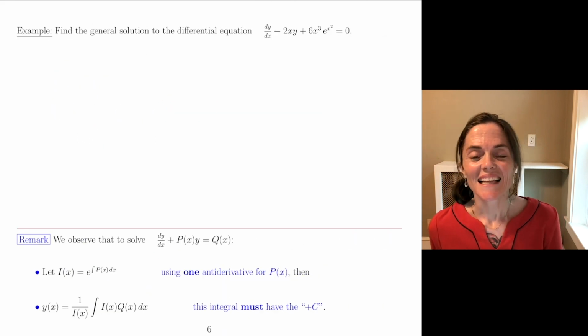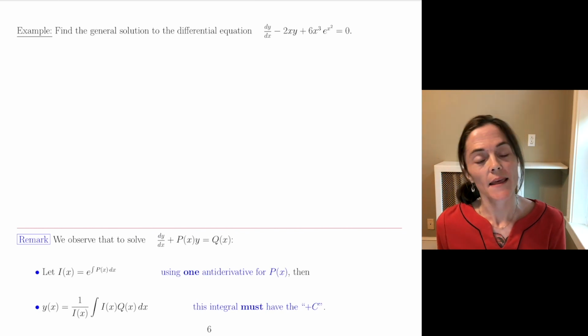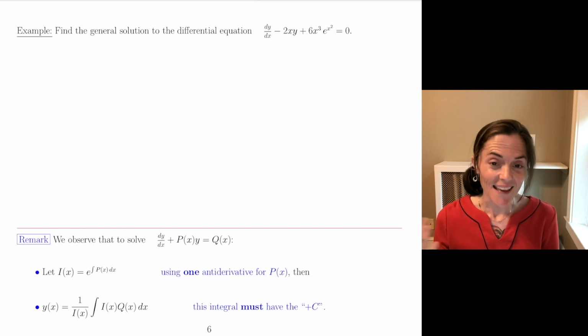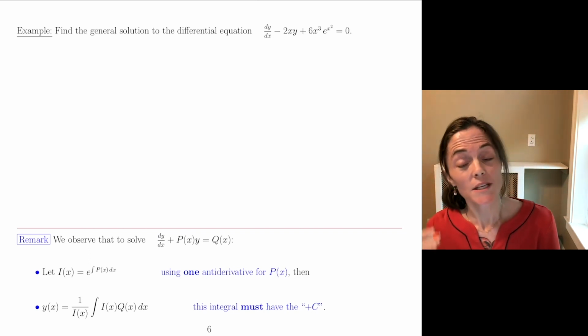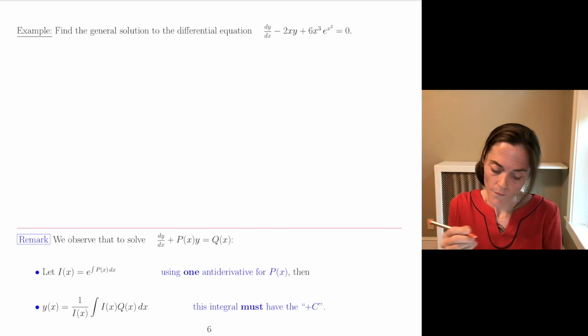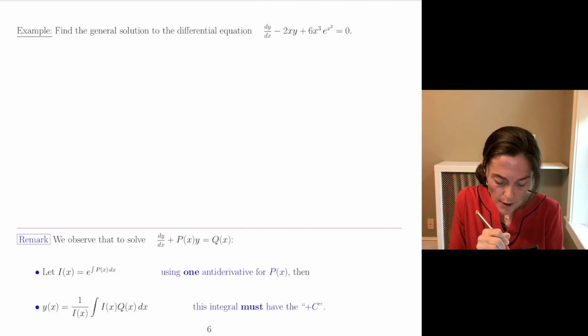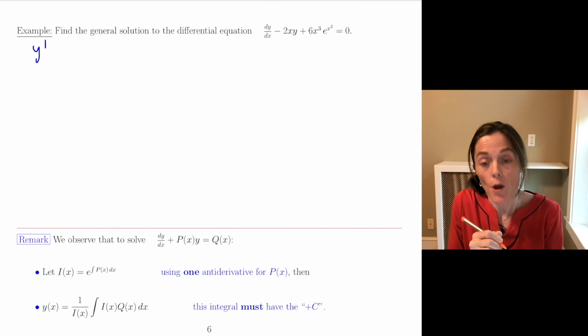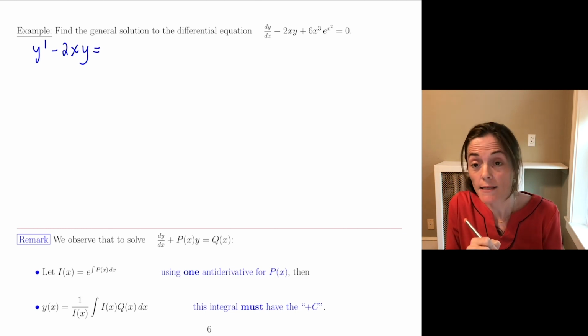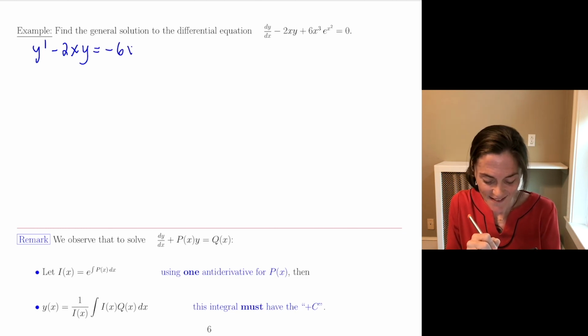All right, let's do one more like this, and then I'll make a remark about a shortcut that you can use if you'd like. So this differential equation is almost of the right form. What I need to do, I'll write it here, y prime, we have minus 2x y, and this will equal, I just need to subtract this 6x cubed e to the x squared.